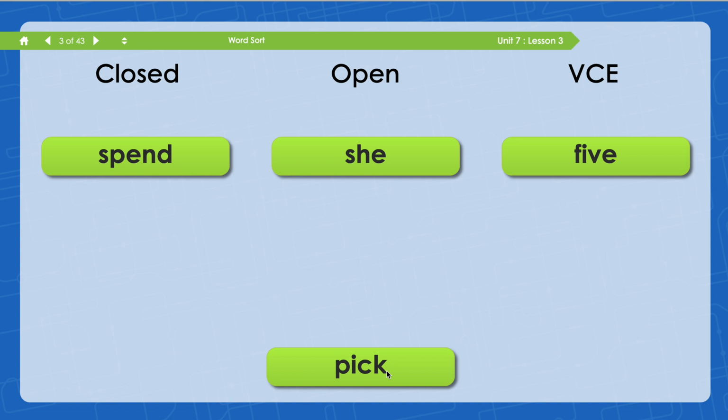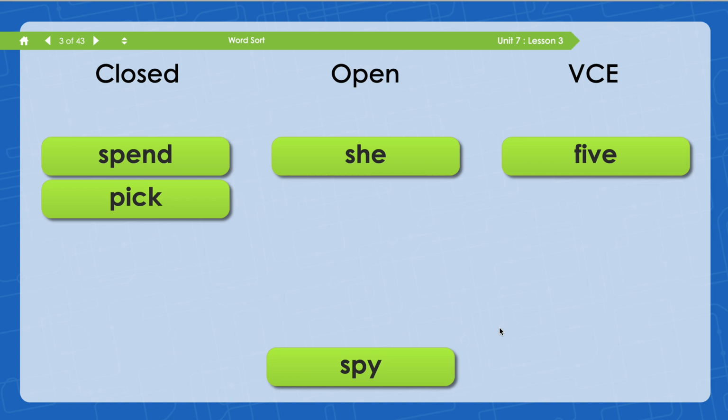It also doesn't make the long I sound, does it? Let's sound it out again. P, ik, pick. No, that's a short I, as in igloo. Therefore, I know that that is going to be a closed syllable. It's got consonants after. It doesn't make the long I sound. And it also does not follow a VCE pattern. I do have a vowel, I do have a consonant, but I do not have a letter E at the end. Therefore, it's closed.